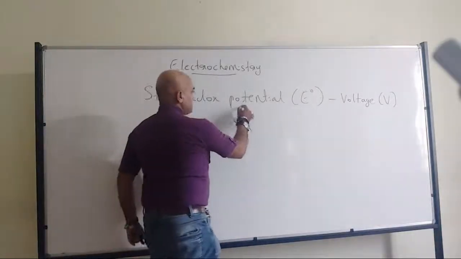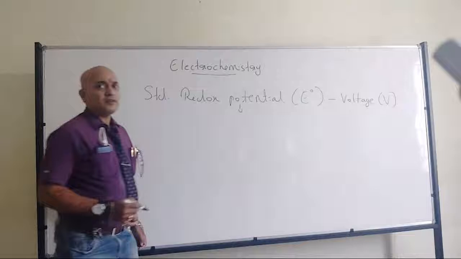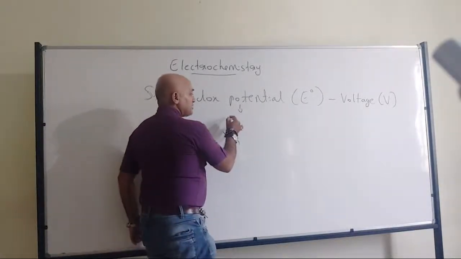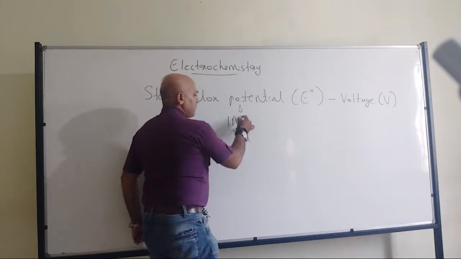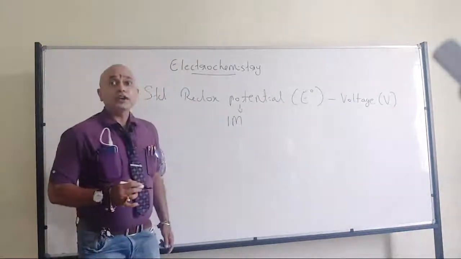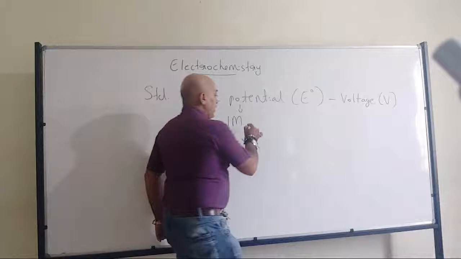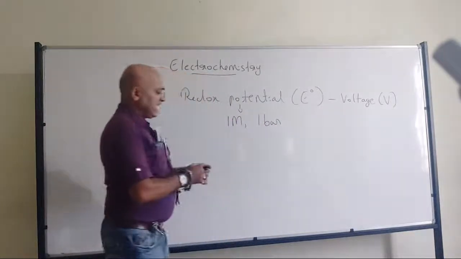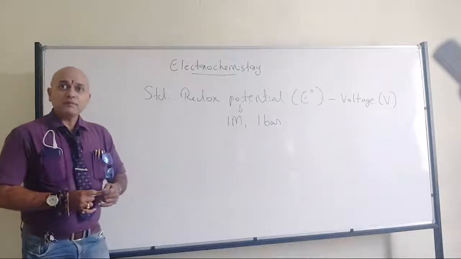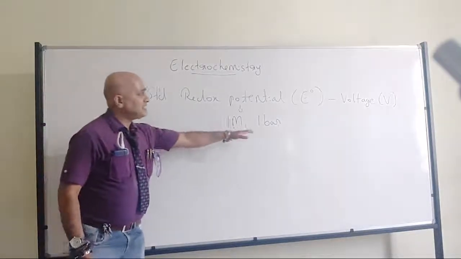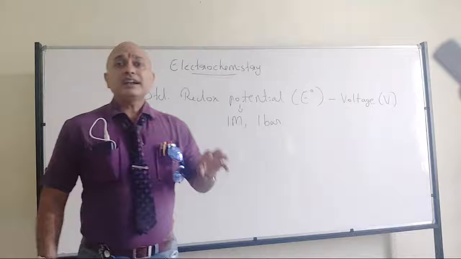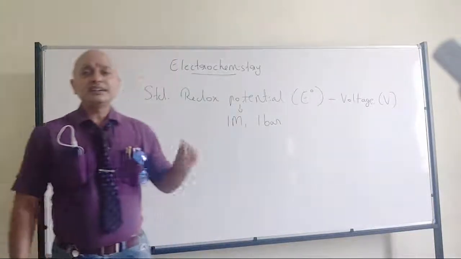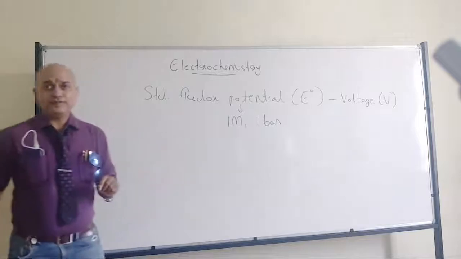That is because during the measurement of this value, they make sure that the concentration is either 1 molar if we are talking about a solution, or 1 bar if you are dealing with gaseous molecules. Got my point? So under this condition, if you are measuring the redox potential value, that will be considered a standard redox potential value.